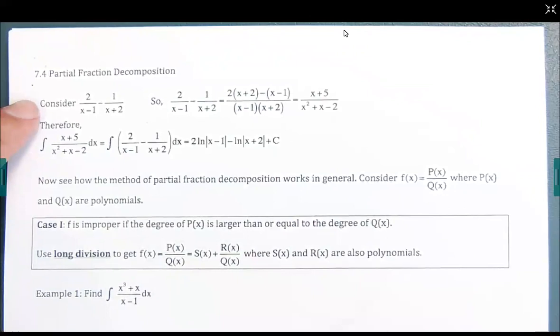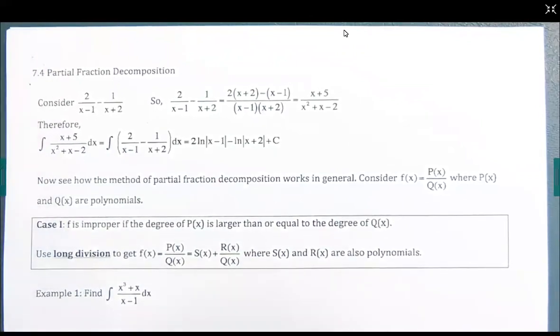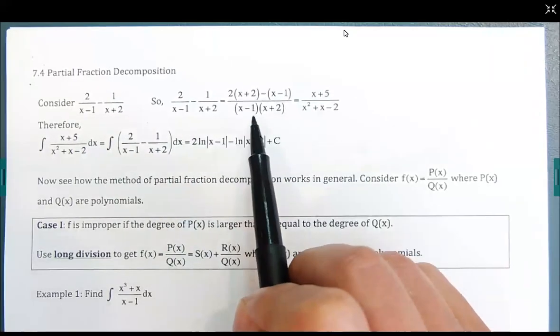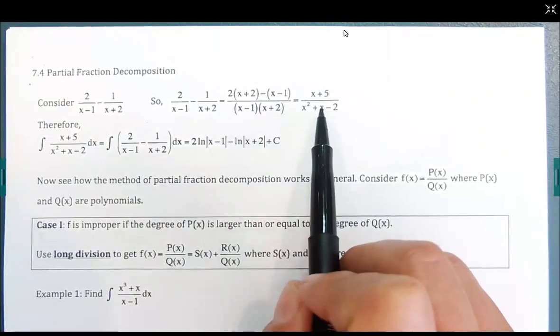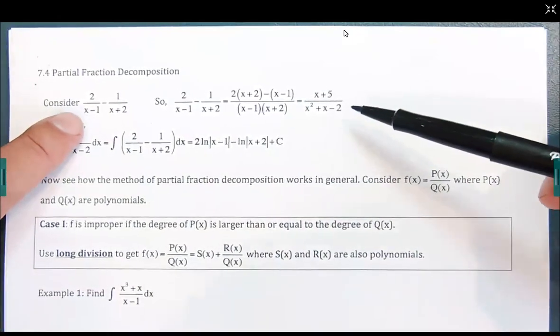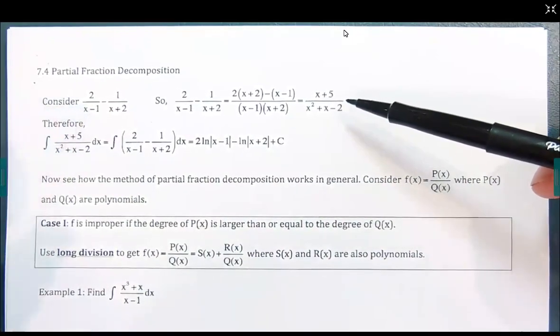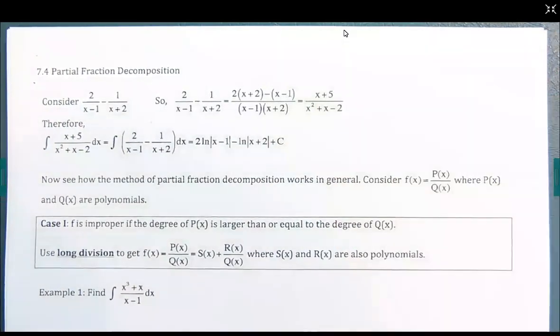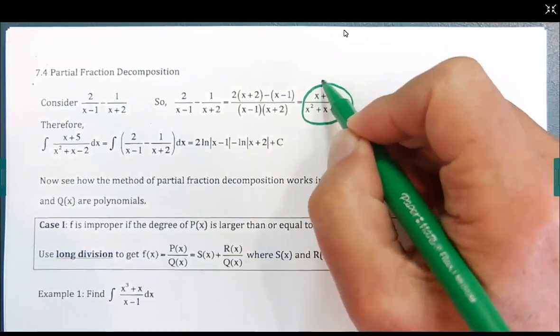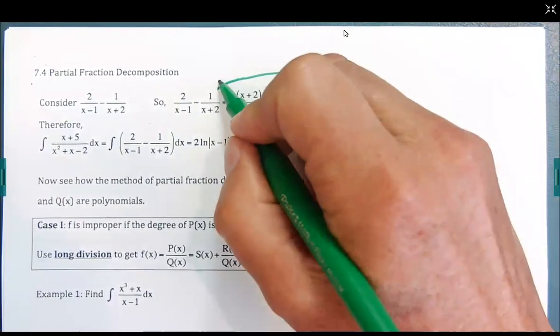So if we start here, and we notice that we have two different denominators, and to combine them up, we need to get a common denominator, which will bring us to here. And you can see this is this. But what we want to do is go from this direction back to here.